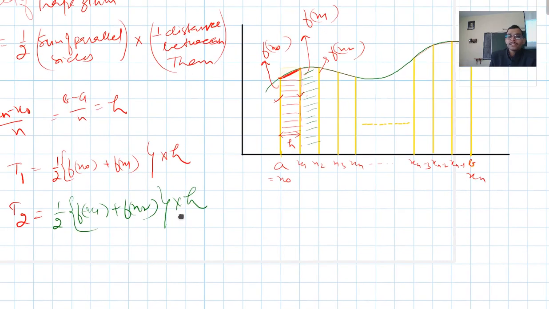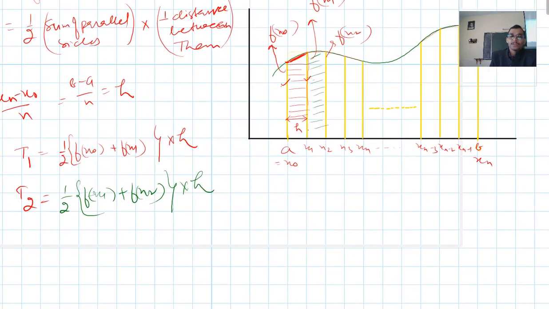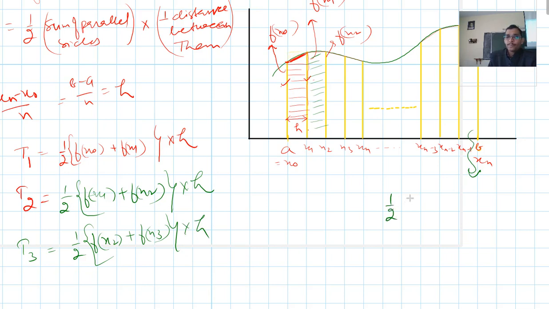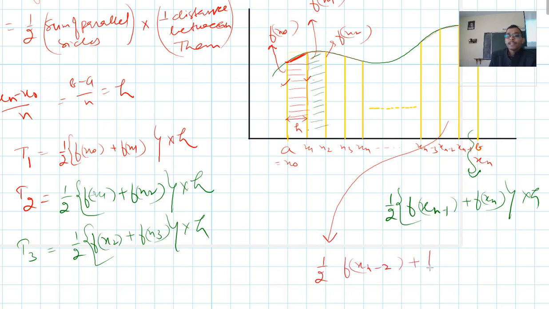Similarly, the third is 1 by 2 f of x2 plus f of x3, into h, and so on, until the second last is 1 by 2 f of xn minus 2 plus f of xn minus 1, into h, and the last is 1 by 2 f of xn minus 1 plus f of xn, into h.